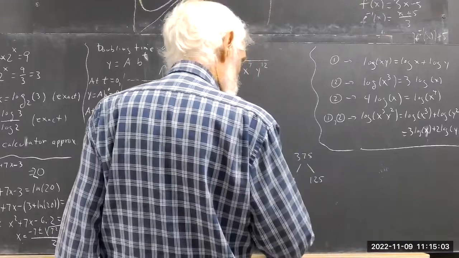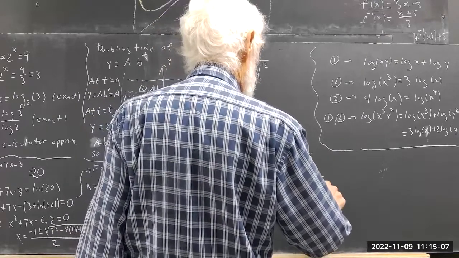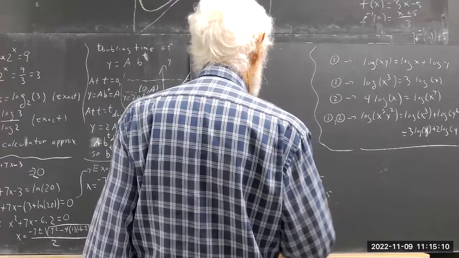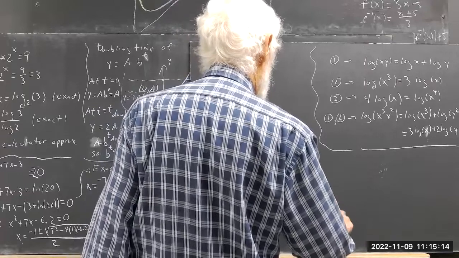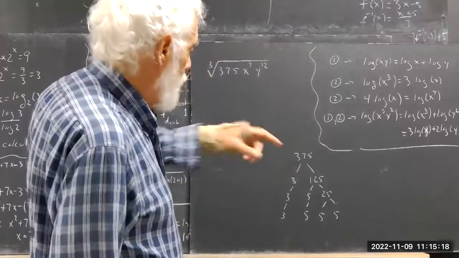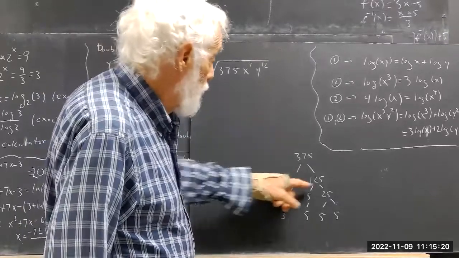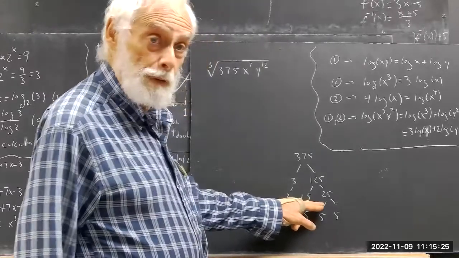Then continue to write down the 3. Because 125 breaks down to 5 times 25. So now we see that 375 is 3 times 125. It is 3 times 5 times 25.